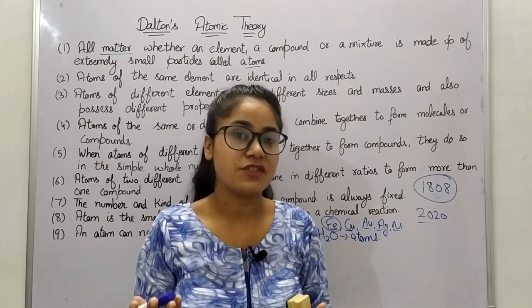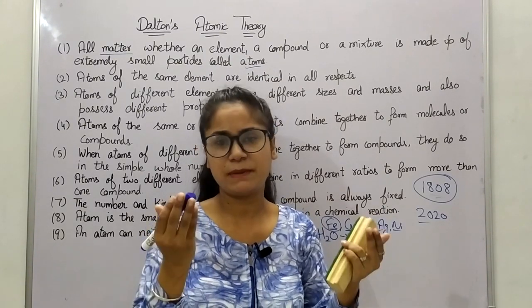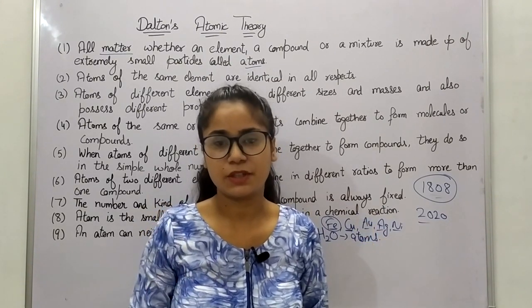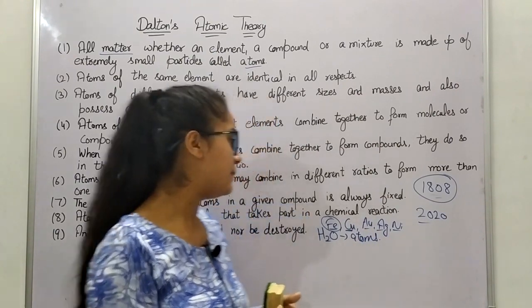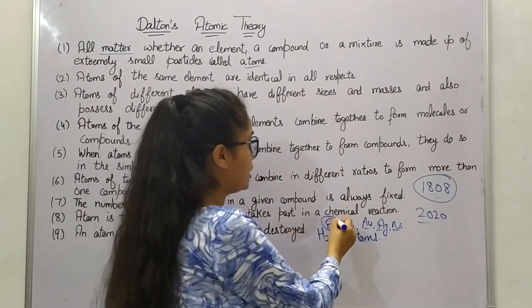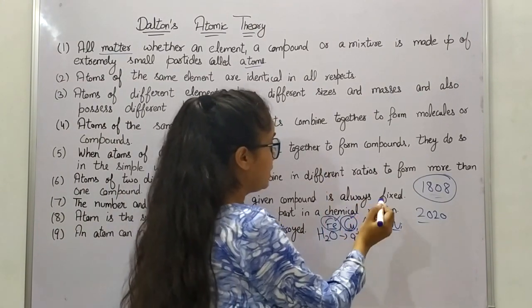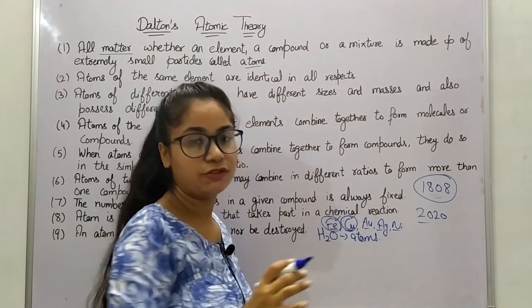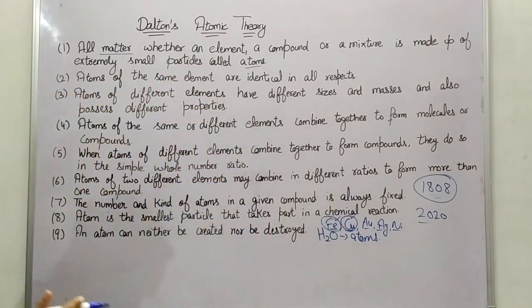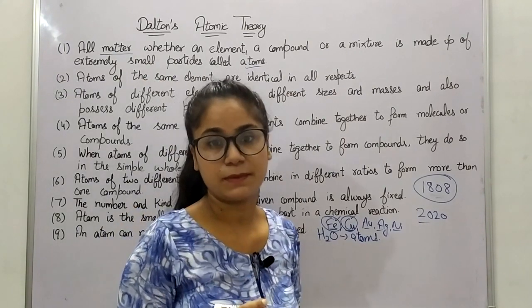Your facial features may be different, your height may vary, you would be taller or smaller than your sibling, right? Similarly, in case of elements, an atom of iron would be different from an atom of copper. Why? They have different sizes, different masses, and different chemical properties.